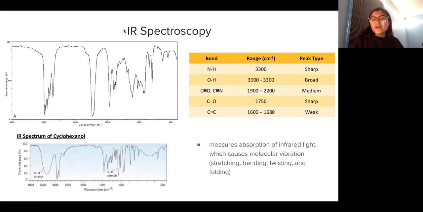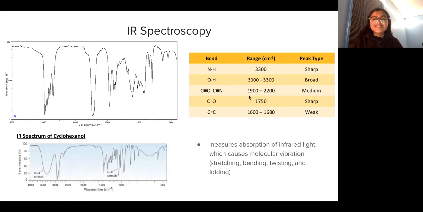So now we're going to be talking about spectroscopy for a little bit. First, IR spectroscopy, those are the large graphs that you'll see with these huge curves. This measures the absorption of infrared light, which causes different types of molecular vibration, like stretching, bending, twisting, folding.